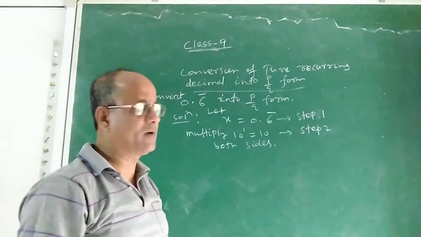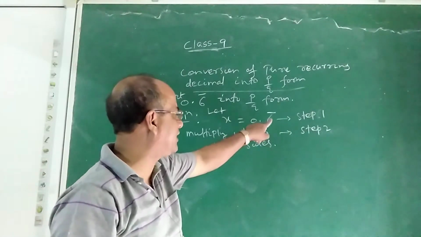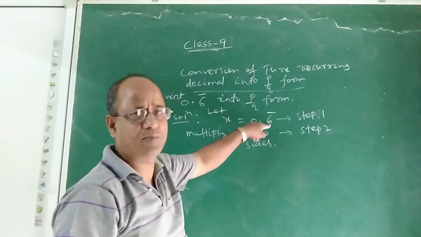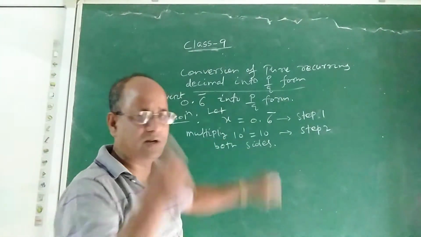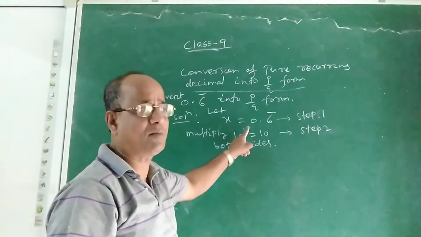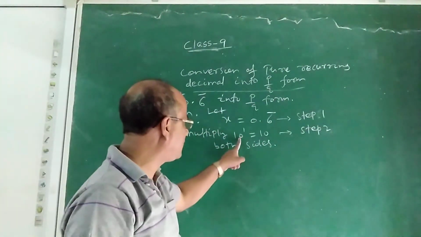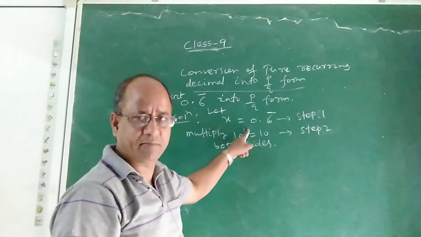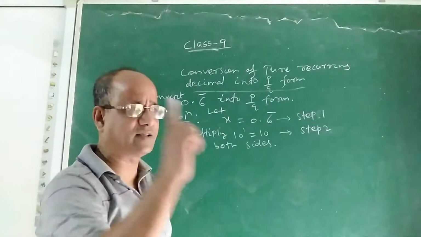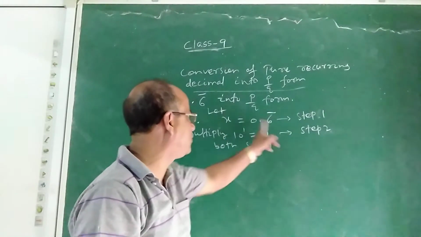Why not 10 to the power 2 or 3? The reason is only one digit is getting repeated in the given pure recurring decimal. So we have to multiply 10 to the power n, that means n equal to 1 here, because one digit is getting repeated. So multiply 10 to both the sides.